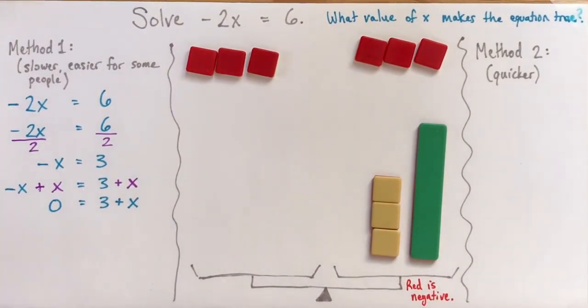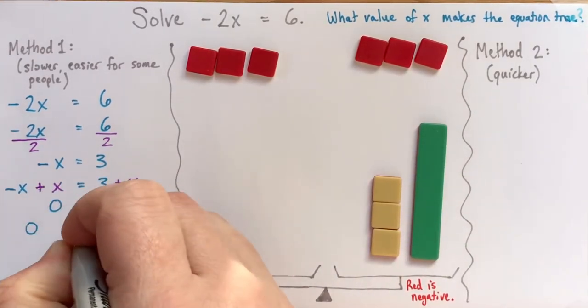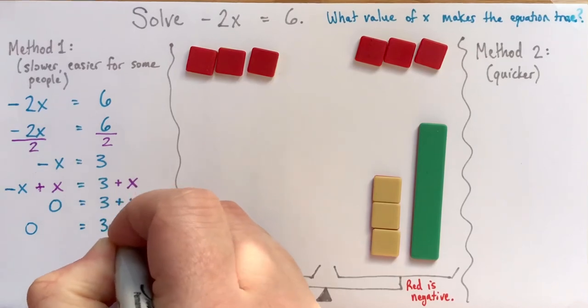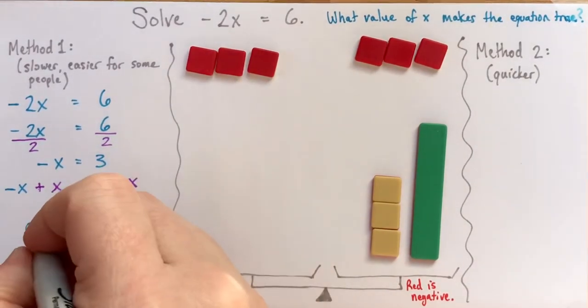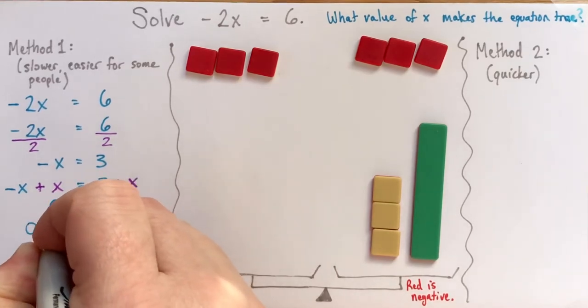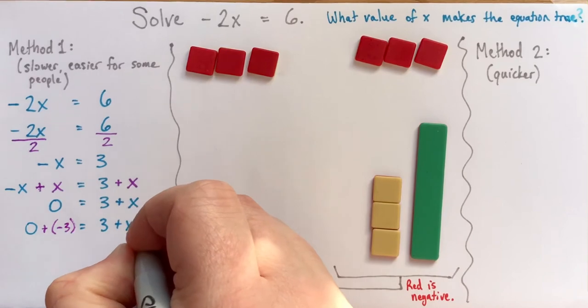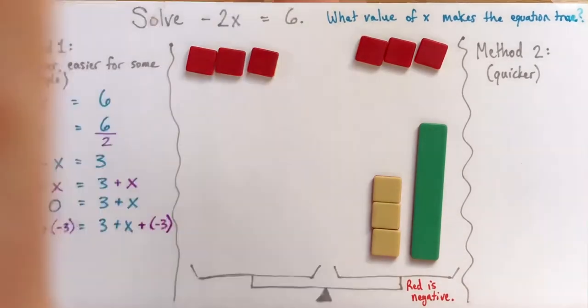Okay, so I'm just about to do that. I'll write down what I'm doing. So here I had 0 equals 3 plus x, and I'm going to add negative 3 on both sides.